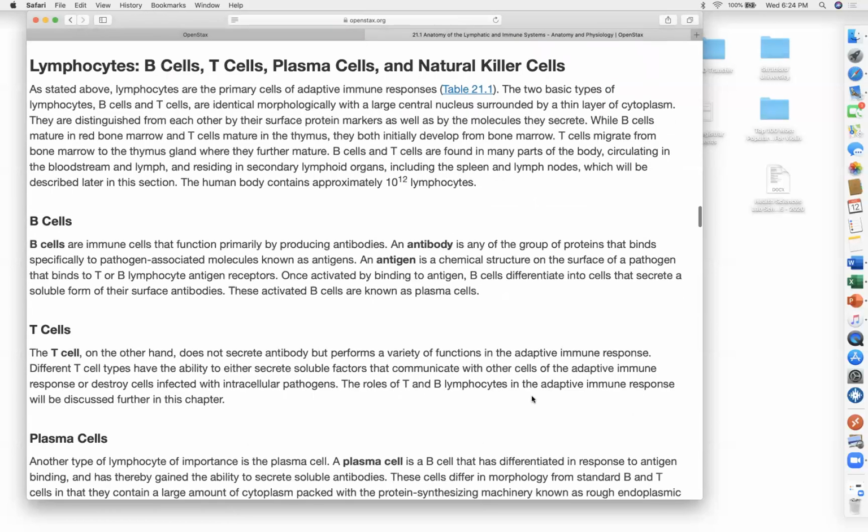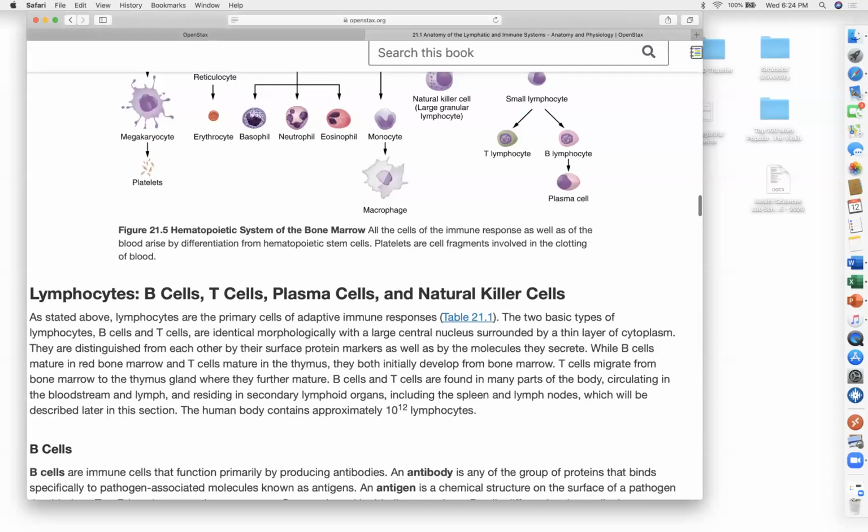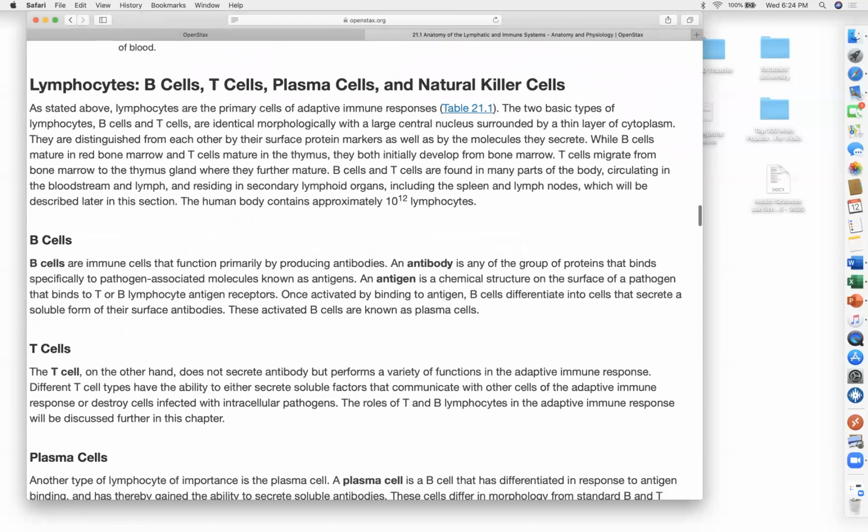Now, B cells produce antibodies, and what are antibodies? Antibodies are a specific group of proteins, and if you know anything about antibodies, they only attack specific things. We're also going to be talking about humoral immunity versus cell-mediated immunity, and how the T lymphocyte is related to HIV.